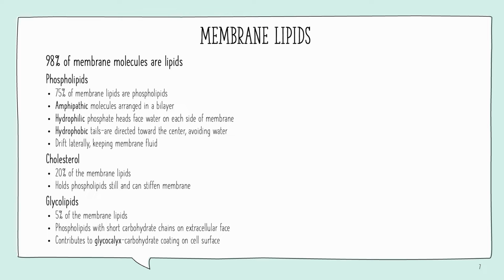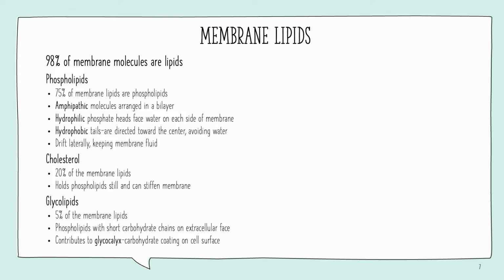Then there's cholesterol. They are 20% of the membrane lipid. They hold phospholipids still and can stiffen the membrane, so it gives it that solid shape. Then there's glycolipid, which are 5% of the membrane lipids. The phospholipids, with short carbohydrate chains on the extracellular face.